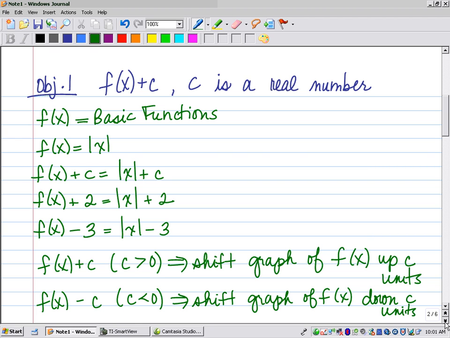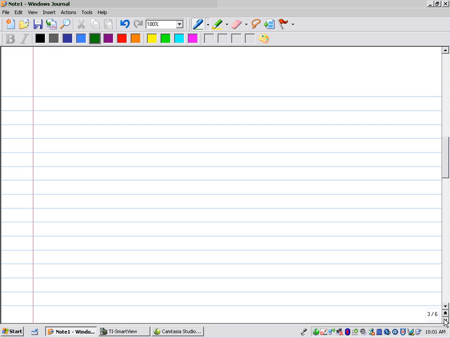So let's take a look at just a couple more examples. Let's say that we have y = x² + 4. What you should do is tell me, how does this compare to a basic function? First of all, what is that basic function? And then describe the change that this graph has to that basic function.